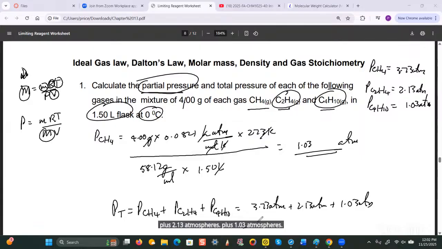And whatever that gives, that would be the answer. So according to my calculations, this works out to be 6.89 atmospheres. So that's basically how we do question number 1 in that section.